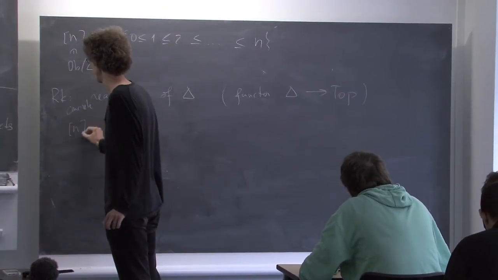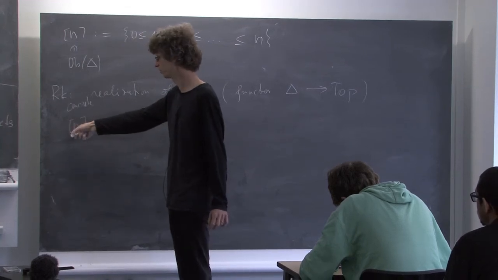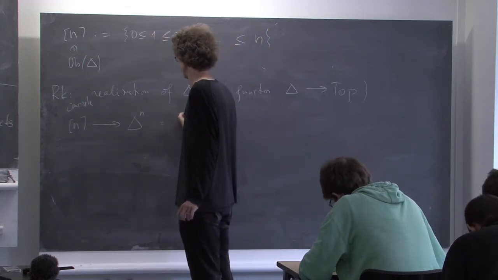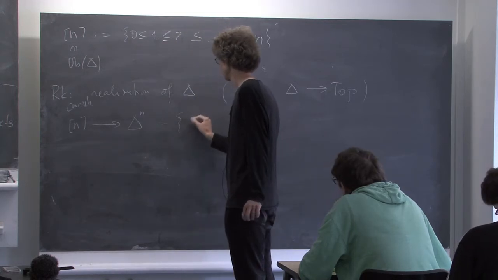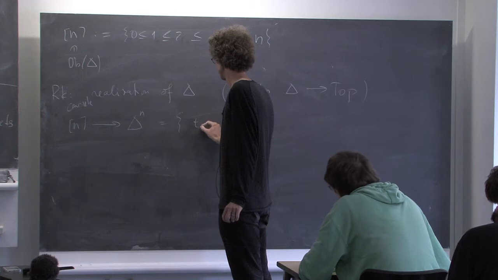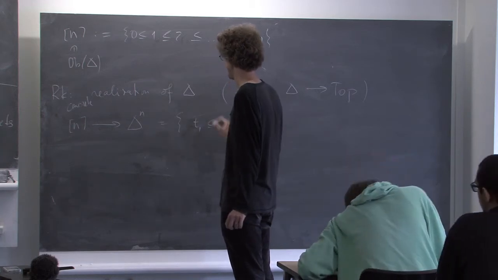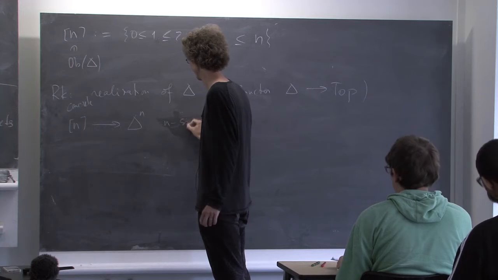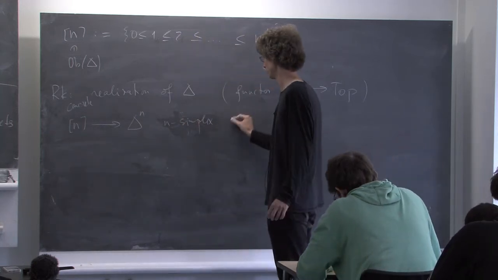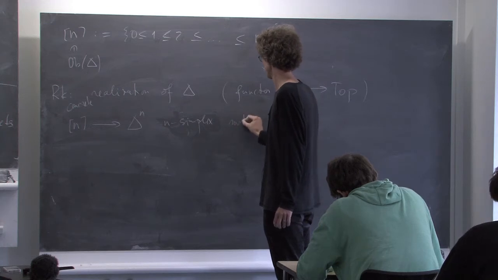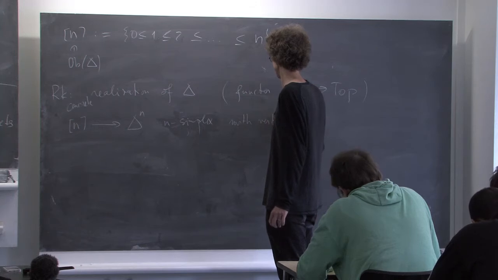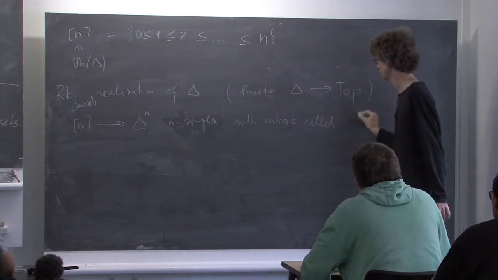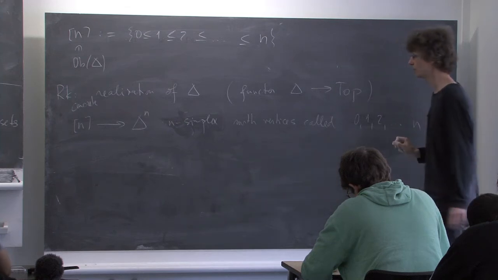The idea is to imagine [n] as the geometric n-simplex, with vertices which will be called the same numbers as the elements in [n], 0, 1, 2, up to n.